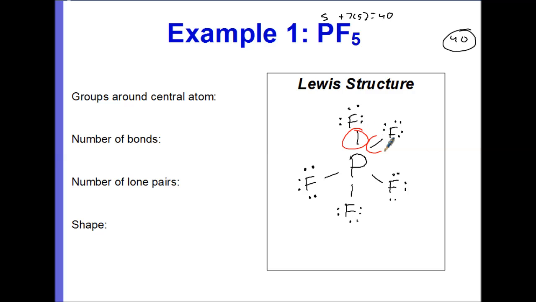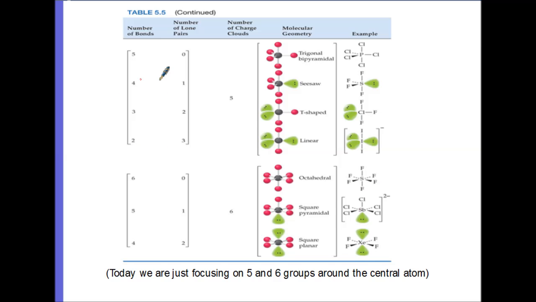We have 1, 2, 3, 4, 5 groups around the central atom. Out of those, 5 have a bond and 0 are lone pairs around the phosphorus. Let's take a look at our chart and see what this is going to be. If we have 5 bonds and 0 lone pairs, we're going to be trigonal bipyramidal.